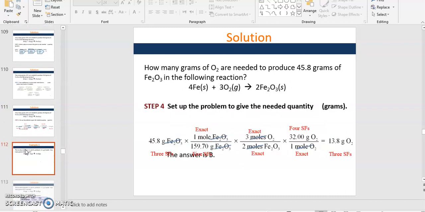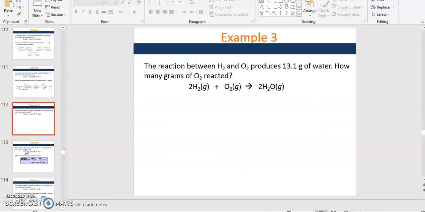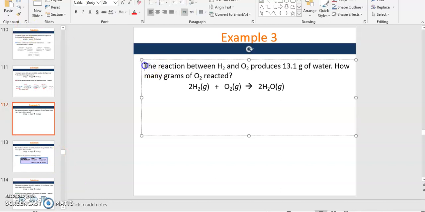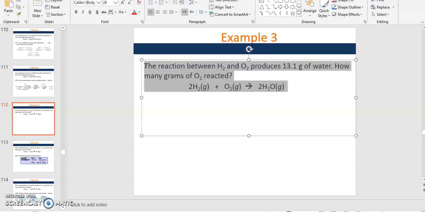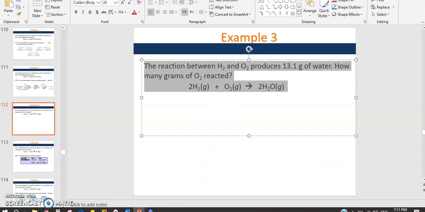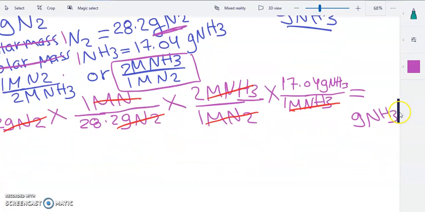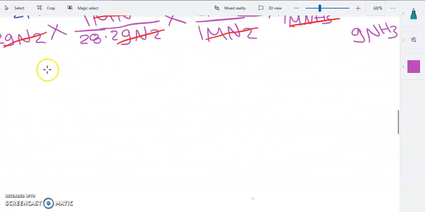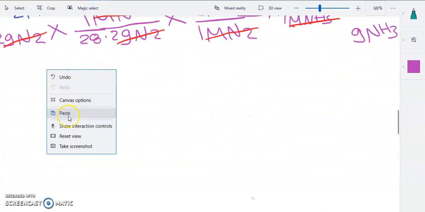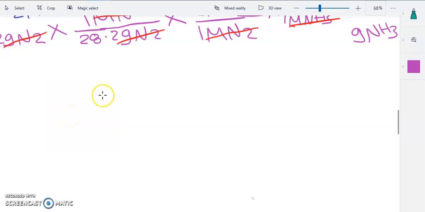Example number 3 is basically the same idea. Now you got the concept. You just go and move between your data to figure out the needed. Okay, so let's paste it here.